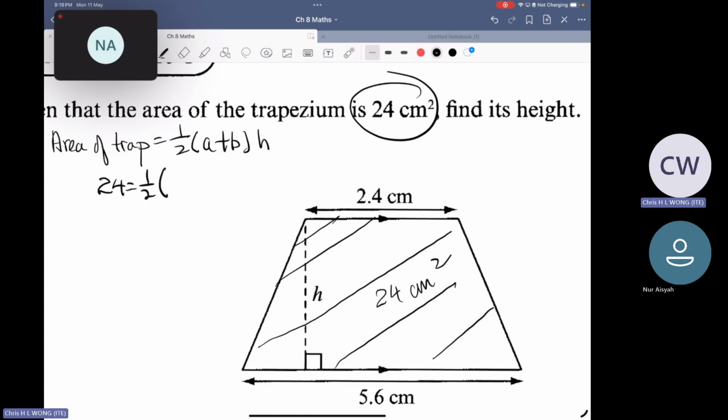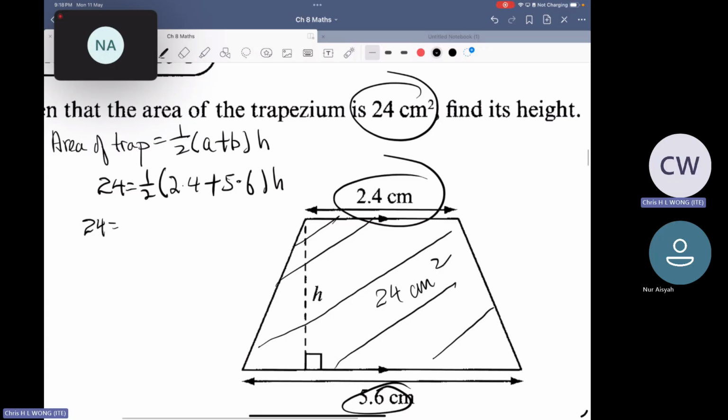What is A? 2.4. What is B? 5.6. Times the height. I don't do anything first. I just add up together first. 24 is equals to half bracket 8, right? How do you do this?